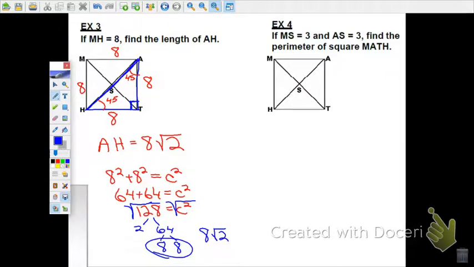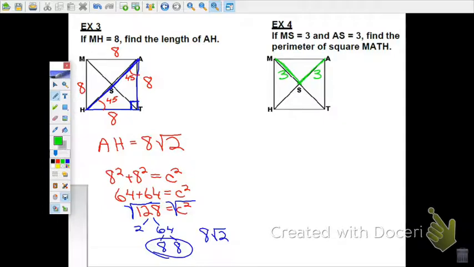In this last example, we know that MS is 3, and we know that AS is 3. We want to find the perimeter of the square, MATH.